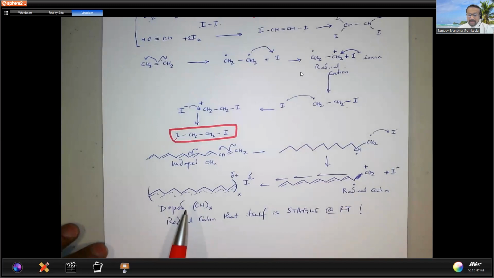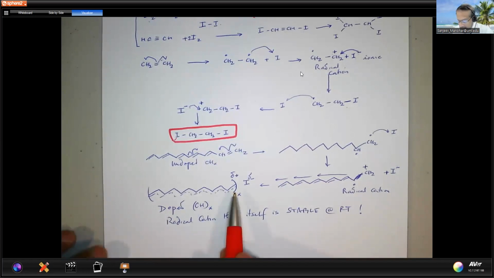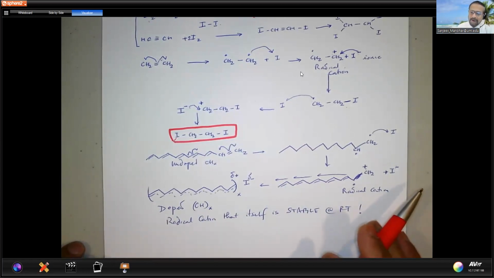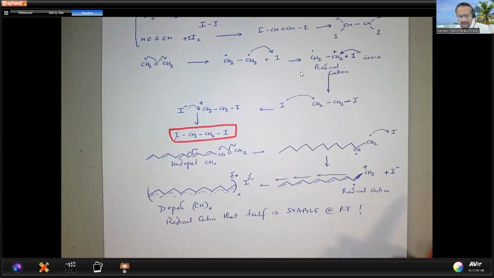The radical cation itself is stable, and therefore this is how you explain the high conductivity of polyacetylene, because this radical cation is delocalized completely along the polymer backbone. Hopefully this is a good enough explanation. We can embellish on this later, but I think for this level it's fine. So let me stop here.